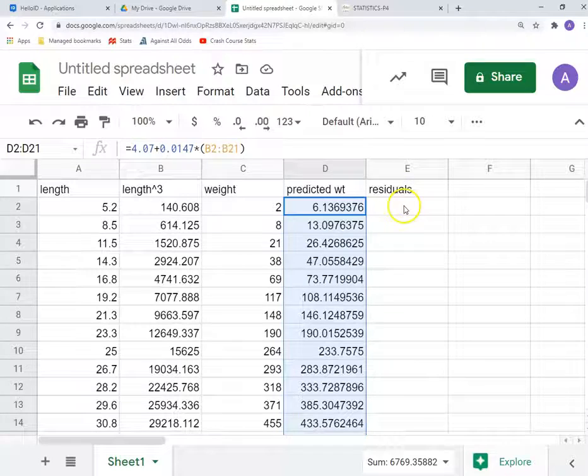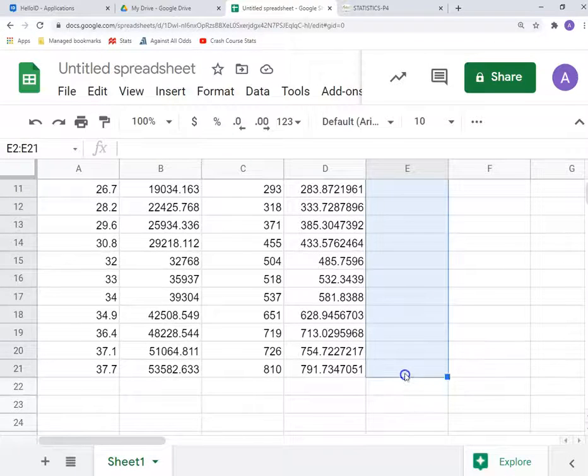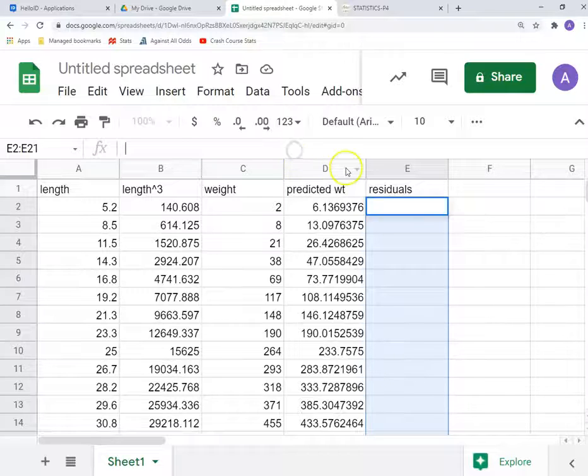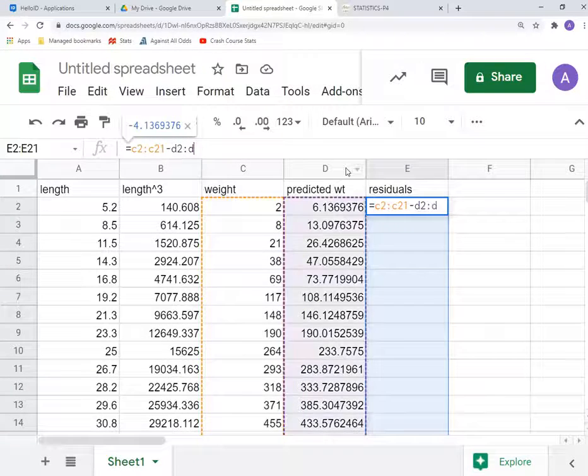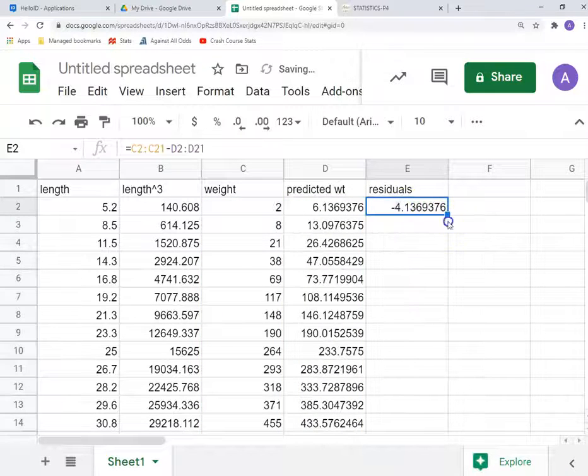So then, residuals, same thing. We're going to take the actual weights minus the predicted weights. So C2 to C21 minus D2 to D21, and then we're going to fill those in.